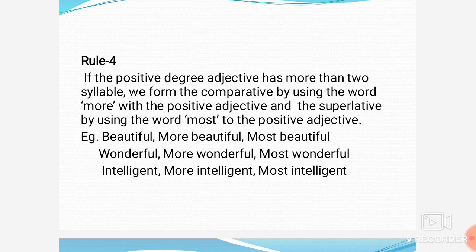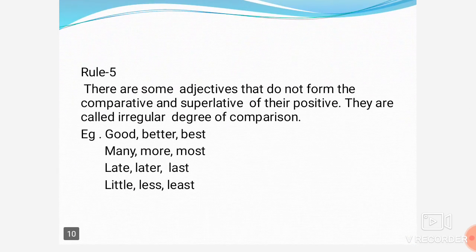Hope the first four rules are clear to you. Now coming to the last rule. Rule number 5. There are some adjectives that do not form the comparative and superlative of the positive. They are called irregular degree of comparison.